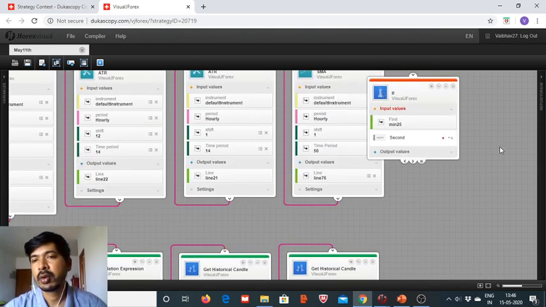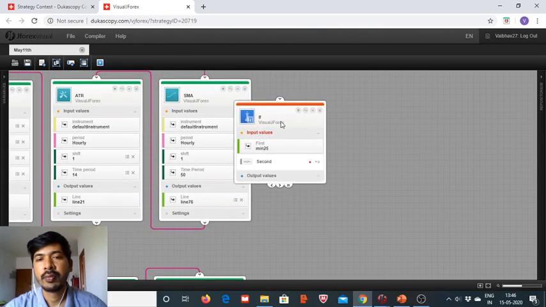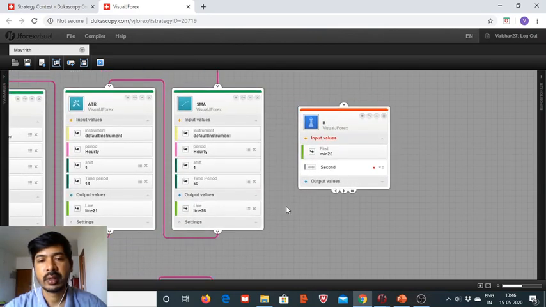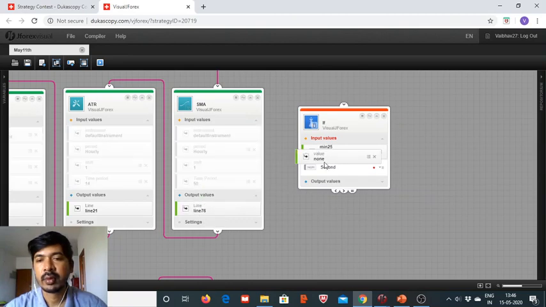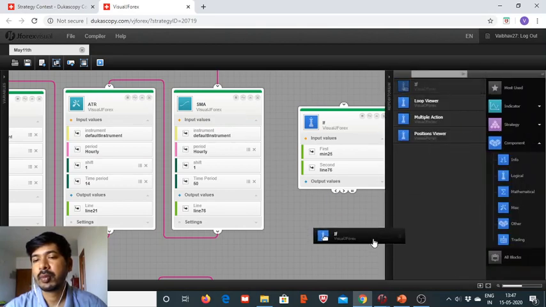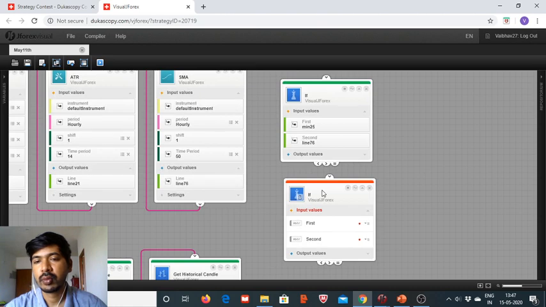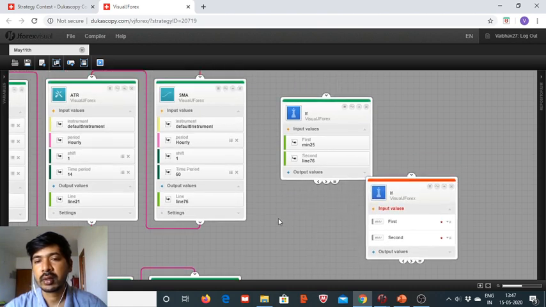Okay. So this minima 25 needs to be less than the SMA 50, and then hourly closing needs to be above the SMA 50. So the minima should be less. And let me bring another block. So here we do this connection straight away.